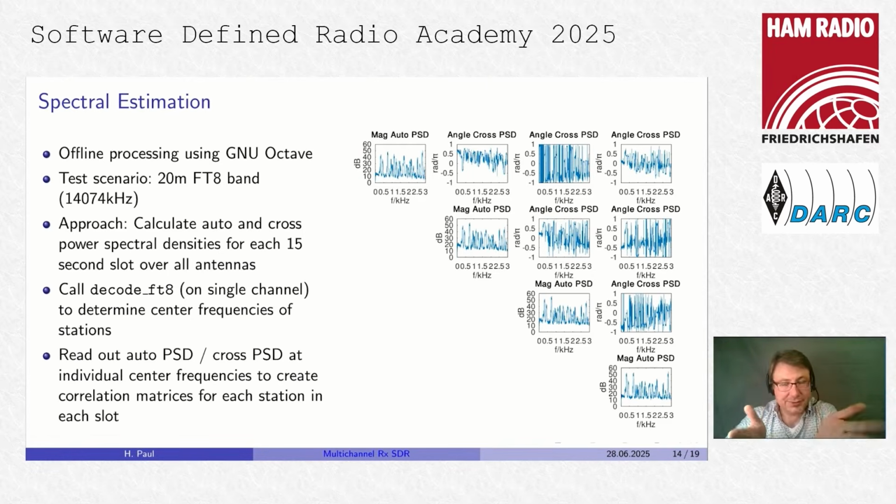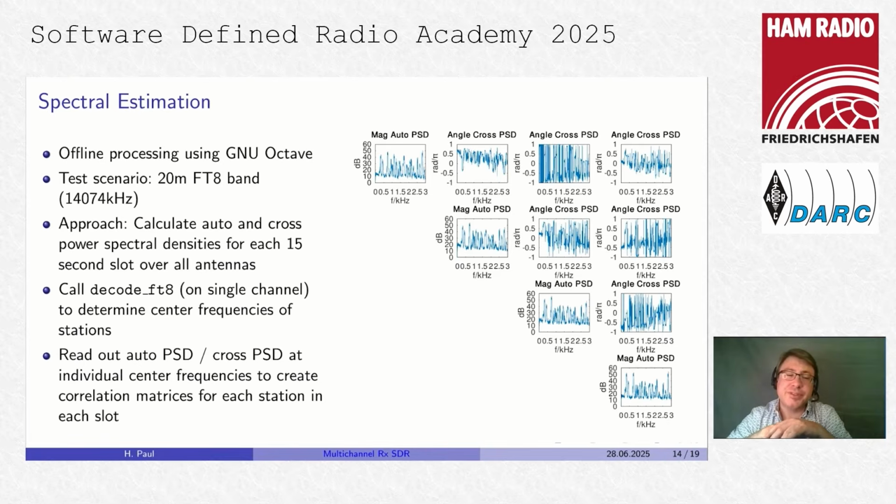Yeah, so I have spectra, okay, but now I need to isolate the individual stations. And in order to do this, I used decode FT8, which is the command line version of WSJT-X.